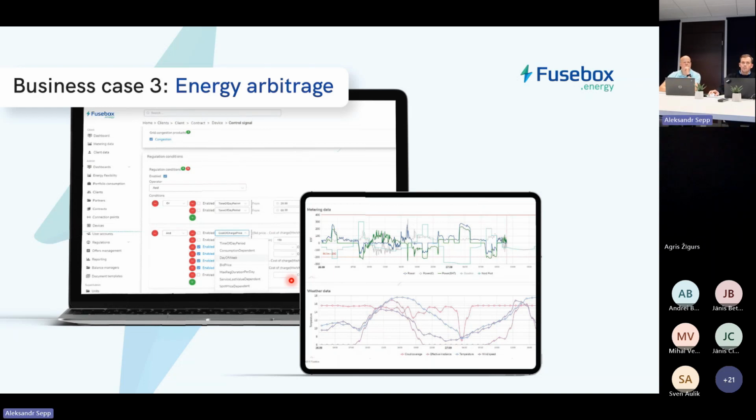Also, on some batteries, monitoring the temperature is crucial. We predefine that too. For example, at 40 degrees, if we see it is reaching the limit, our system automatically takes that particular asset out of the bidding process.